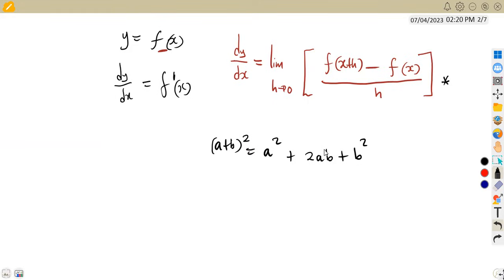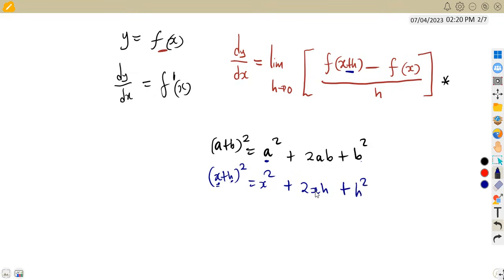This is like an identity that you need to understand. So if you are given x plus h squared like this, you know that a is just x. So this is going to be x squared plus 2ab, which is 2xh, plus b squared, which is h squared.